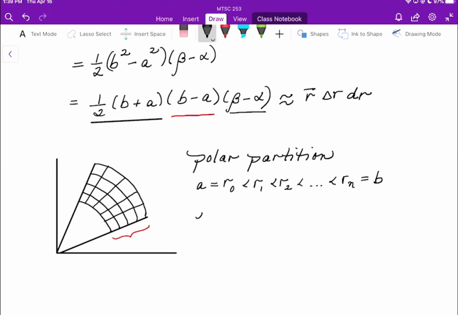And then alpha is going to start with some theta naught less than theta 1, less than theta 2, all the way up to some theta n, which equals beta. So now we are partitioning this way.